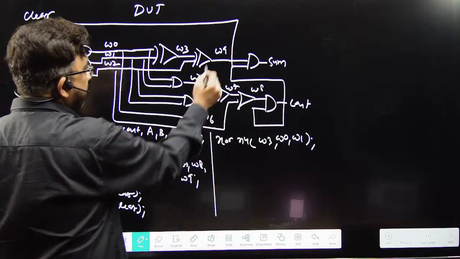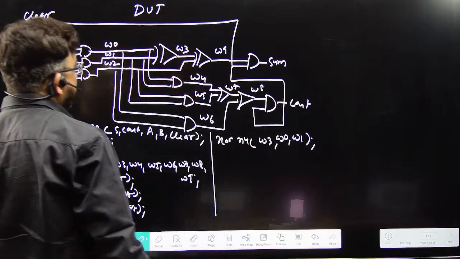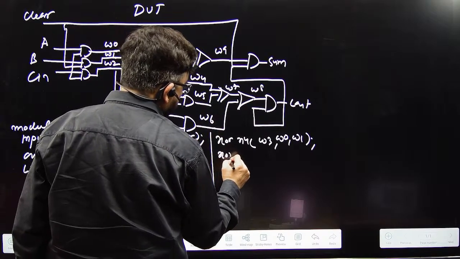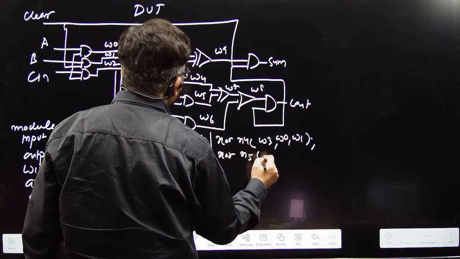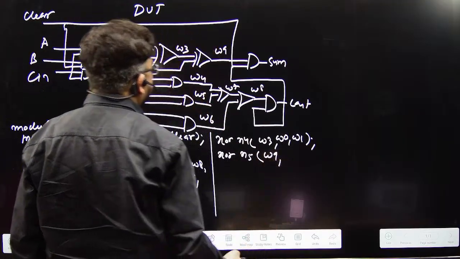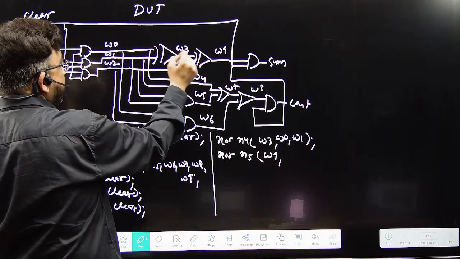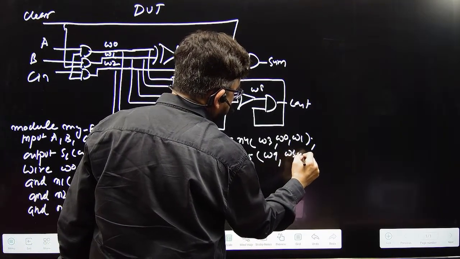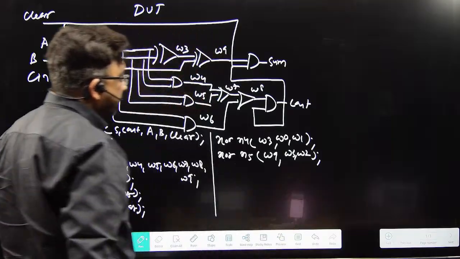Okay, this is my W9 basically. I forgot. So we have another XOR. This is N5, W9, W3 and W2.